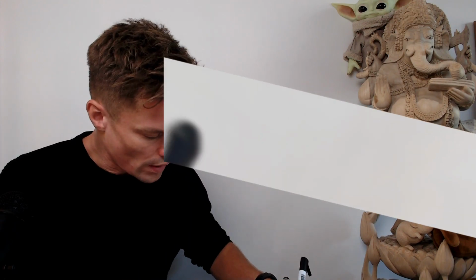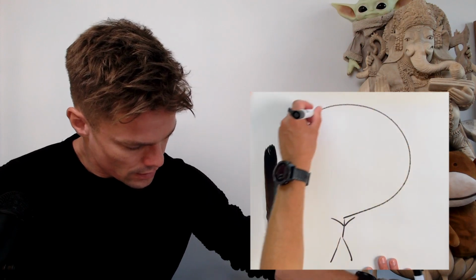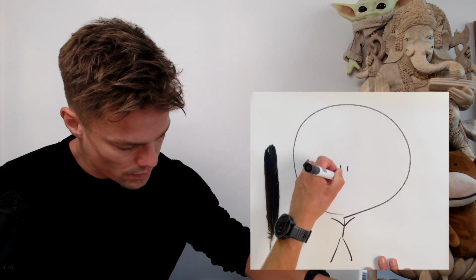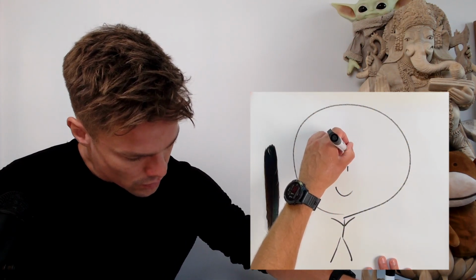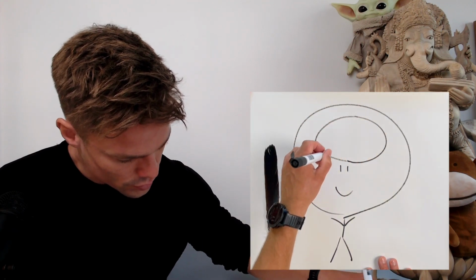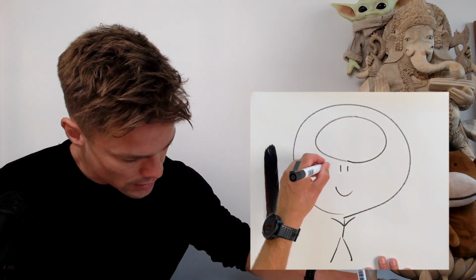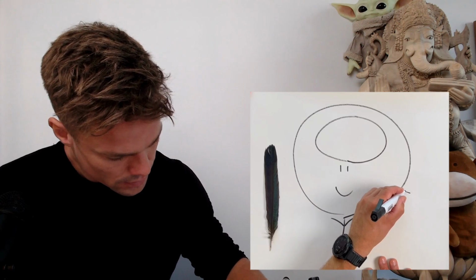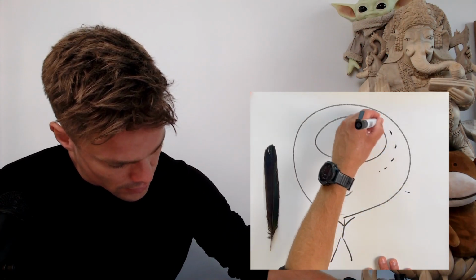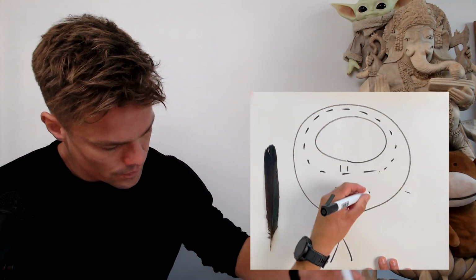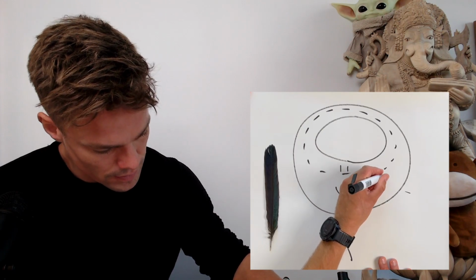So what I'm talking about here is the interrelationship between what you call personality, which I would say is sort of like the outer layer. So this would be personality.